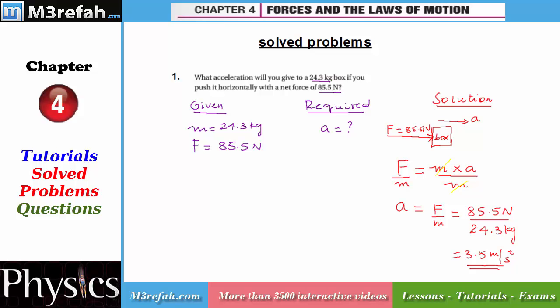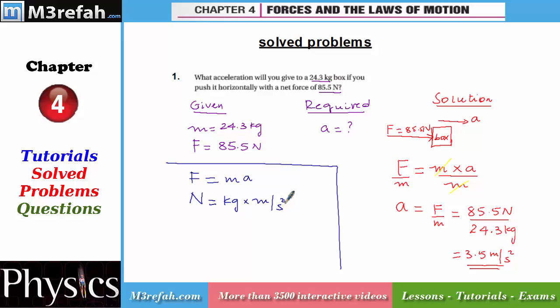Let me show you where this meter per second square comes from. We know that force is defined as mass multiplied by acceleration, and the SI unit of force is Newton, which is the same as kilogram, the SI unit of mass, multiplied by meter per second square, that is the SI unit of acceleration.